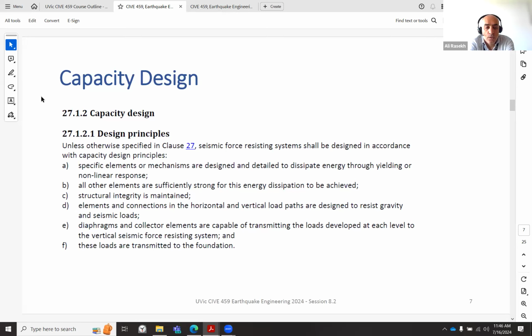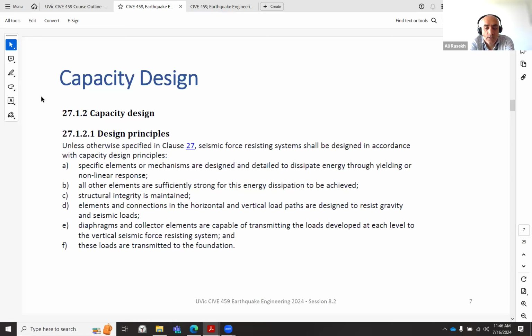However, all other elements are sufficiently strong for this energy dissipation to be achieved. While the intended members will yield and dissipate energy, every other member remains almost intact. The structural integrity is maintained, so we don't want any collapse under vertical load.